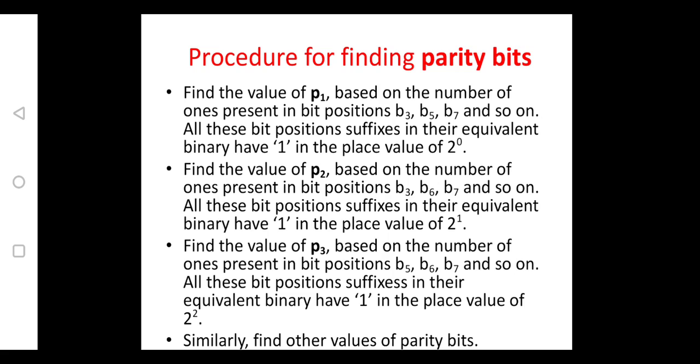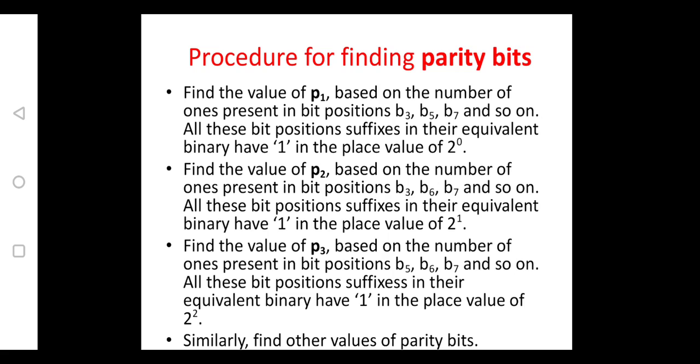Similarly, in order to write down P3, 4 is equivalent to 100. That is, 1 is present on the MSB side. So the numbers 5, 6 and 7 are having 1s at the MSB side. Depending upon these, as I told you in the previous example, we have taken B5 as 1, B6 as 0, B7 as 1.